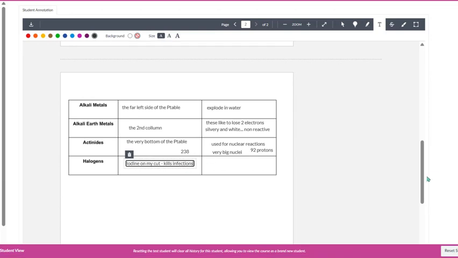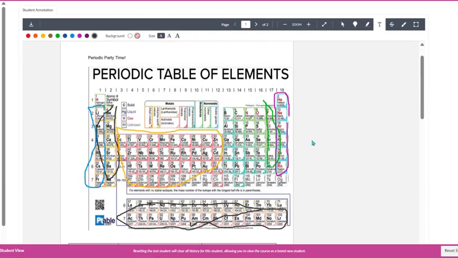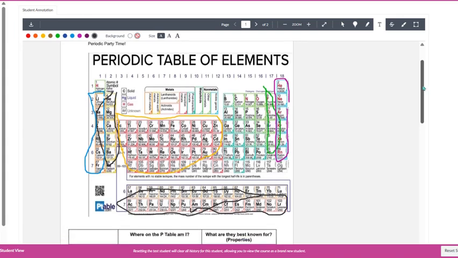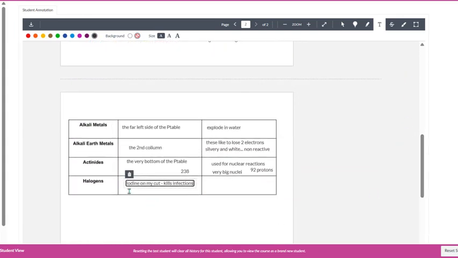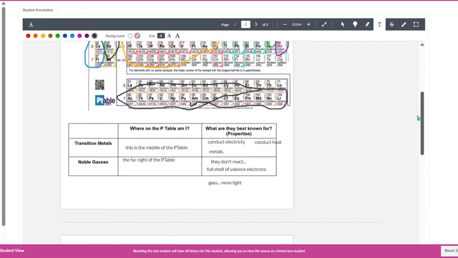Well, iodine is very reactive. Iodine is right over here. It's number 53. You guys have been to pools. Everybody knows, if you've been to pools, about chlorine. Chlorine is that very distinct smell. So we've got chlorine gas. It kills germs. And that's why these halogens are used.